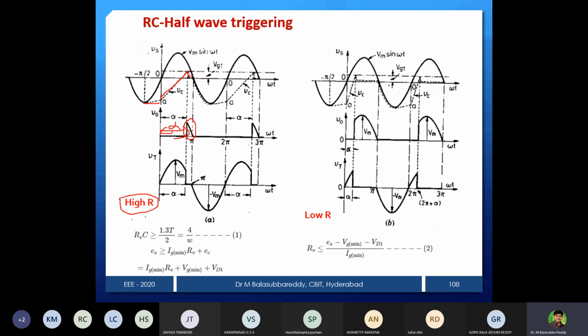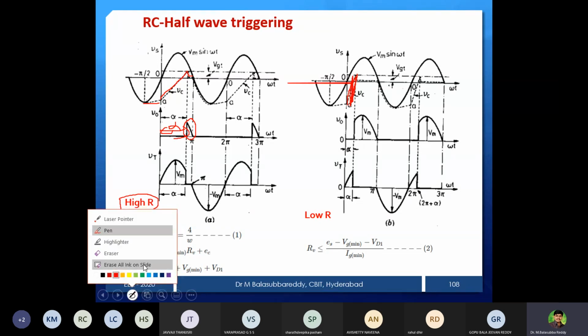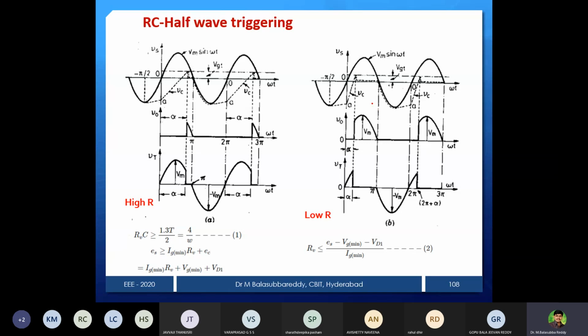That is for a large RV. Now if I keep RV low, then the time constant is low. Time constant low means that from minus V maximum to touch the dotted line, the VGT line, it will take less time because it charges at a very fast rate. In that way we can get a variation of the alpha. So there is an empirical relation.